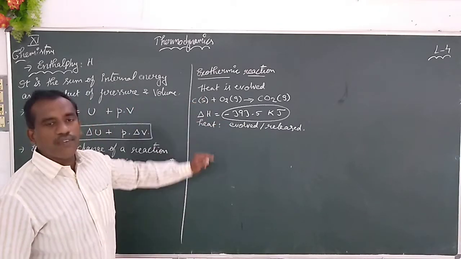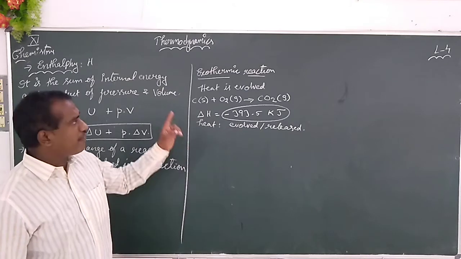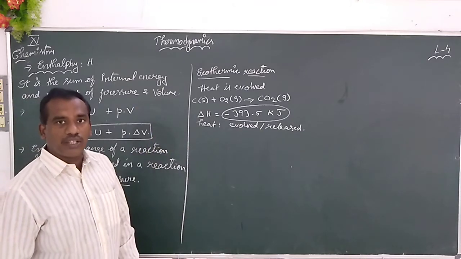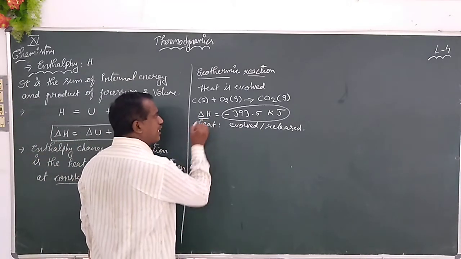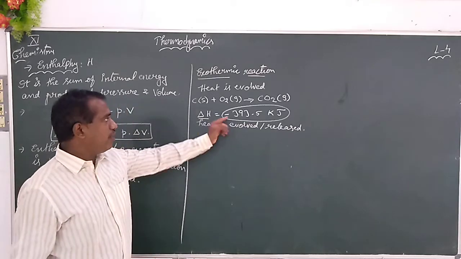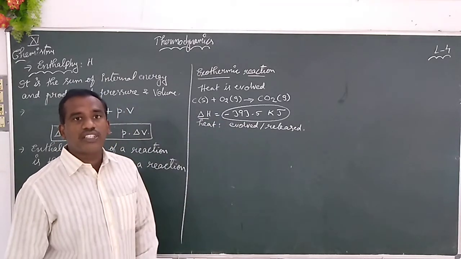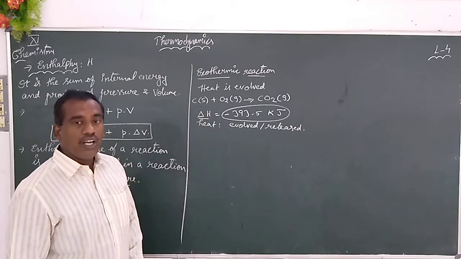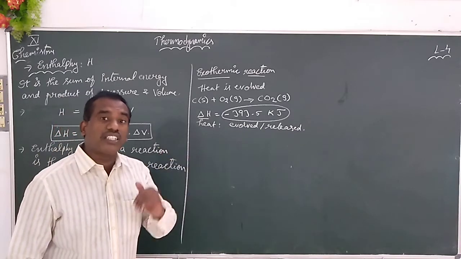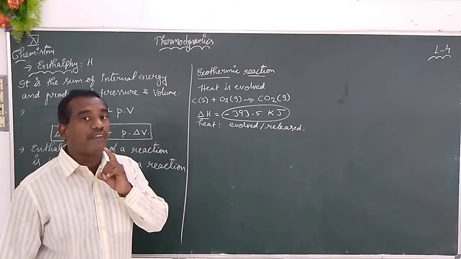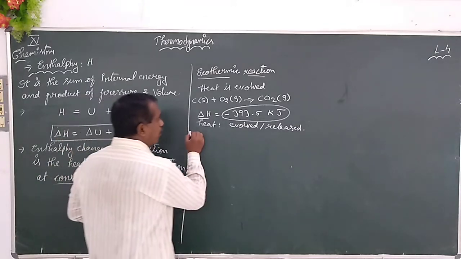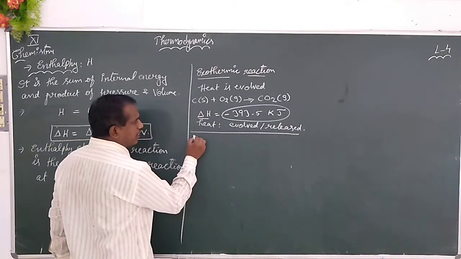Whenever heat is evolved or released from a reaction, what do we call such reactions? Exothermic reactions. So the change in enthalpy for an exothermic reaction will have a negative sign. As already mentioned, when heat is evolved from the system to the surroundings, it is given with a negative sign.